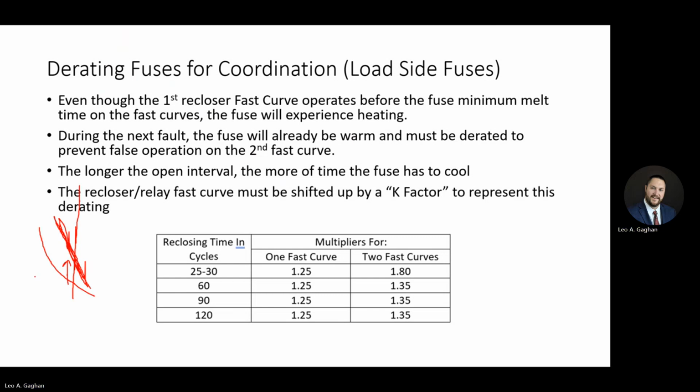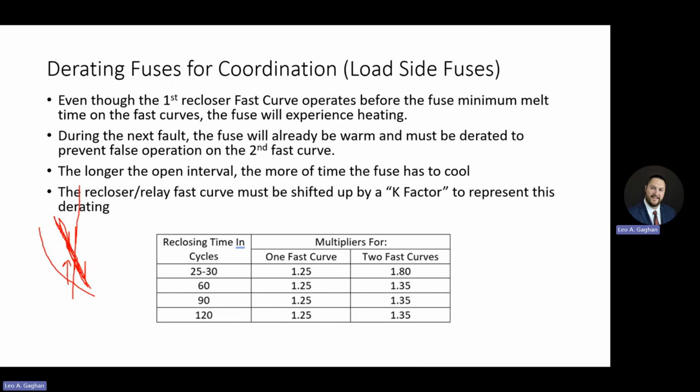You could also do the same thing: instead of multiplying times 1.25 to push the relay curve up, you could divide by 1.25 and push the fuse down. The ultimate goal is to make that coordination essentially tighter. And this applies for one or two fast curves.